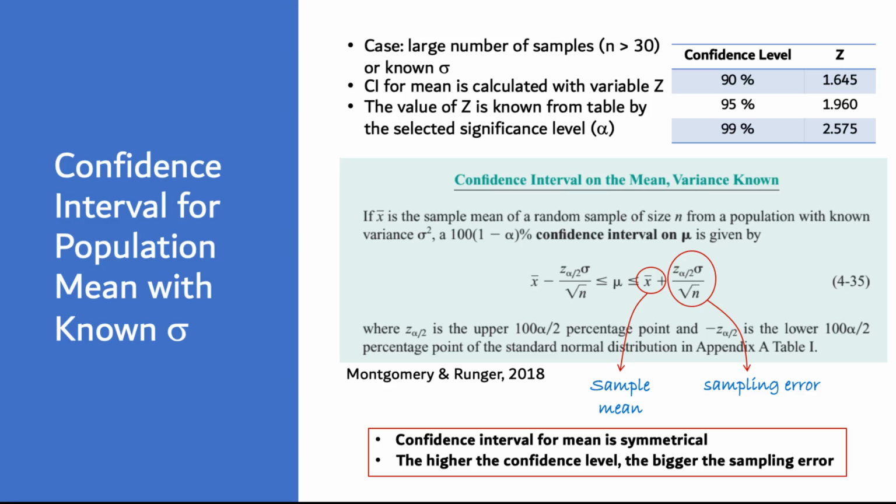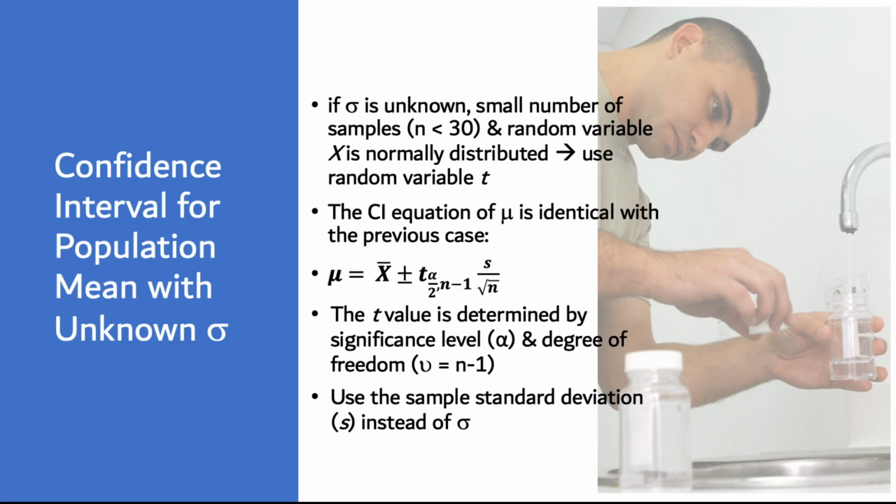For large samples, if the population standard deviation is unknown, then the sample standard deviation is used to replace it in the confidence interval formula. The next case is if the population standard deviation is unknown and, please note, the sample size is small.